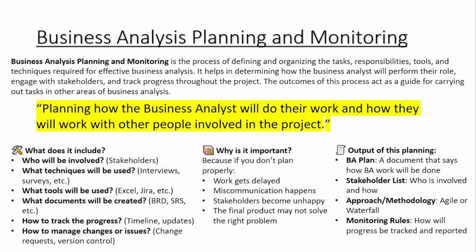There is a term called RACI matrix, a document in which we define the stakeholders, right? Then the approach or methodology: agile, waterfall, or hybrid. And finally, monitoring rules to track work and report progress. These outputs guide all the other activities we will learn as a BA, right?